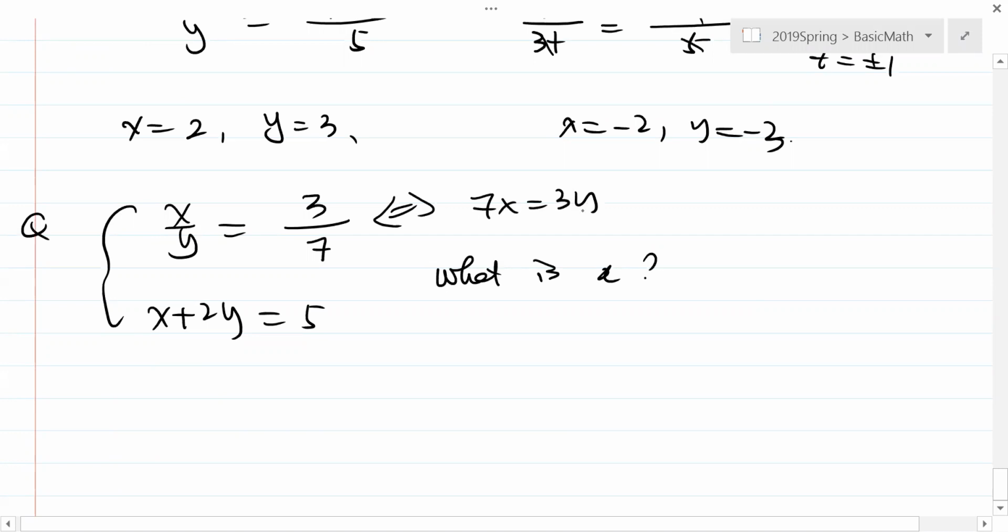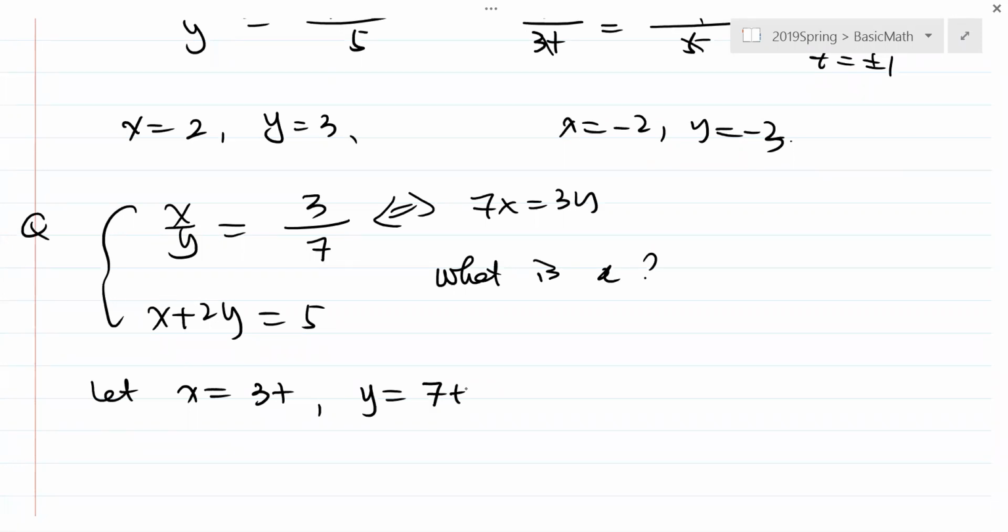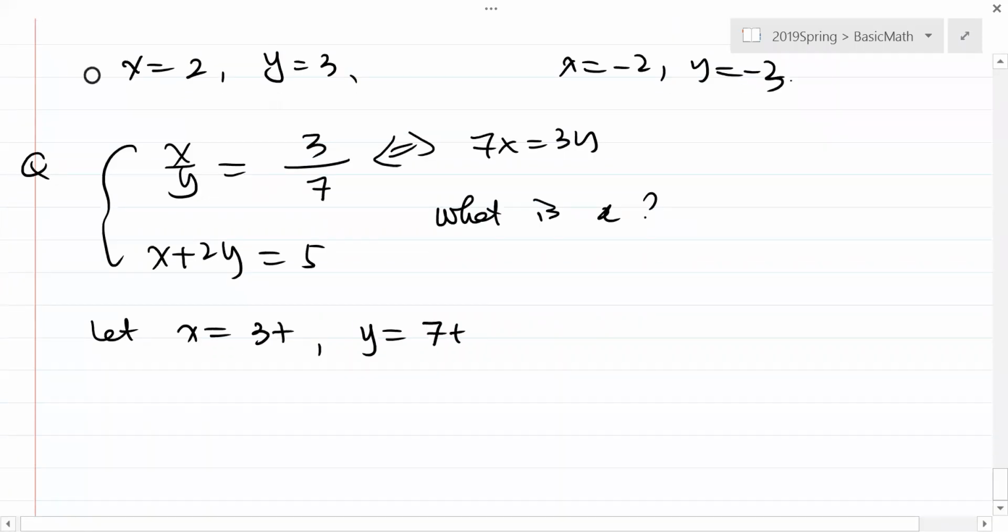But if you use that, it's still complicated. The best way is to use the proportion x equals 3t, y equals 7t, so x over y is 3 over 7. Then you plug into the second equation: x plus 2y equals 3t plus 14t equals 5, not 15.